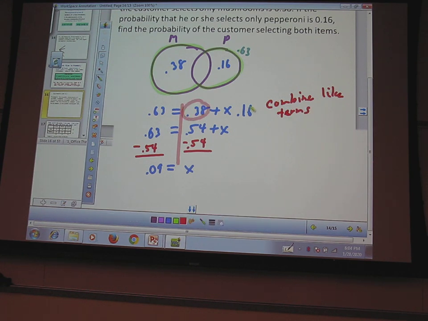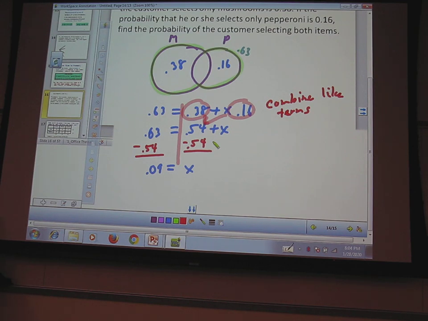I'm going to add up these two, right? Good? Yeah. So mushrooms and pepperoni are not a complement of mushrooms or pepperoni? No. The complement of mushrooms is not mushrooms.